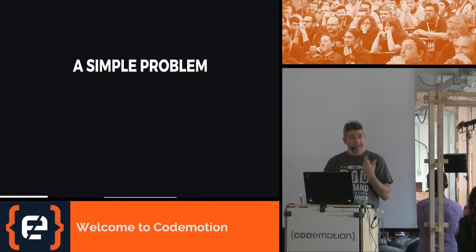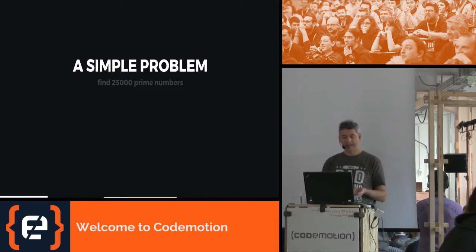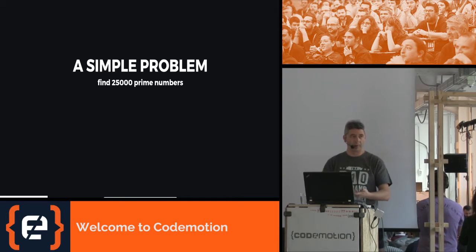So to investigate this, to see how this really works, we should start with a simple problem and see if we are able to solve it. In the sense, are we able to know how much performance we can get out in this simple problem? And this simple problem is, of course, CPU bound: find the first 25,000 prime numbers. It's just calculations. It's very simple.